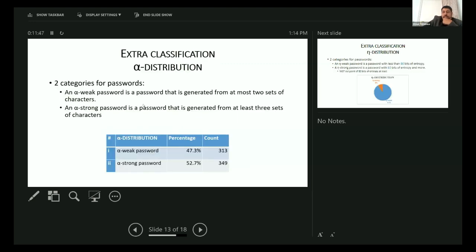Now we have 2 extra classifications for our passwords. We call the first one alpha distribution. And what is an alpha? We have alpha weak passwords and alpha strong passwords. An alpha weak password is a password that is generated from at most 2 sets of characters.